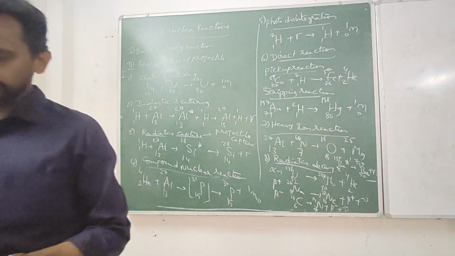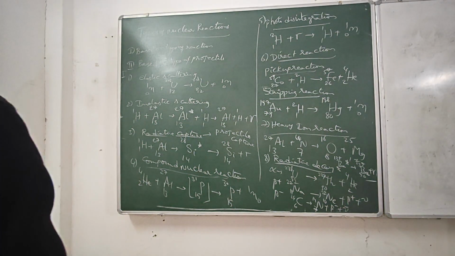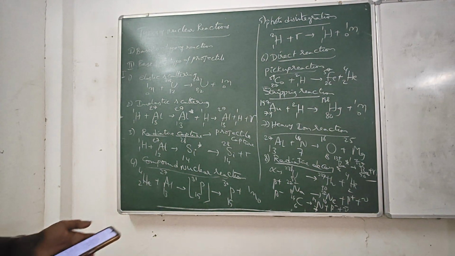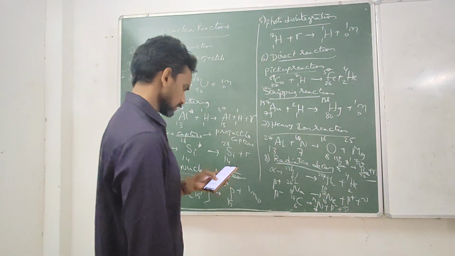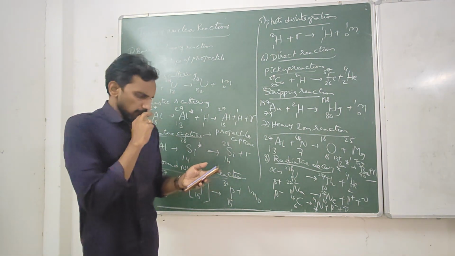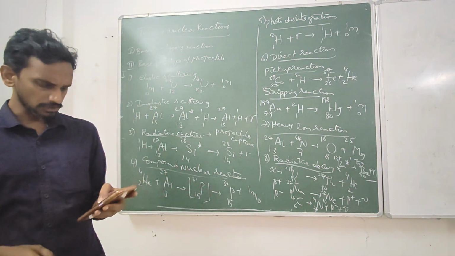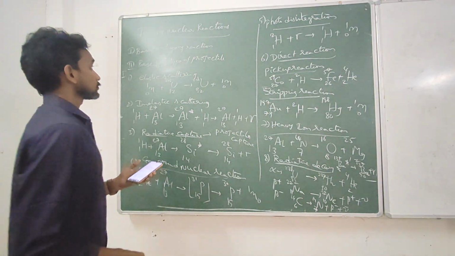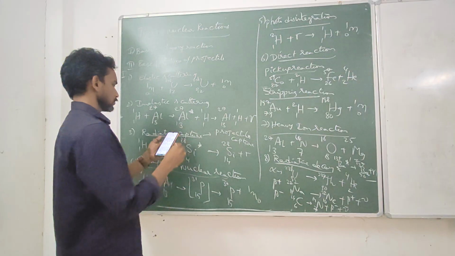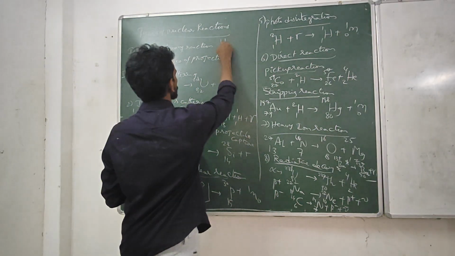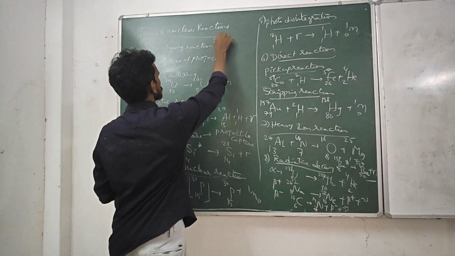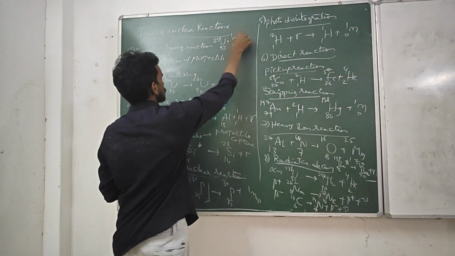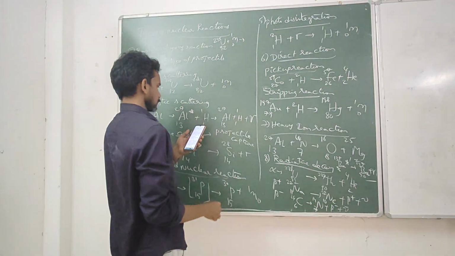They are radioactive decay reactions. Next one, fission reaction and fusion reaction. Fission is well known: U-235 92 plus neutron gives you barium and krypton.